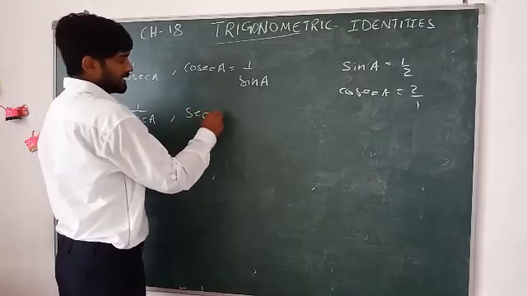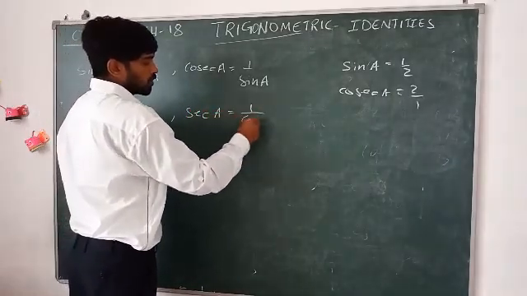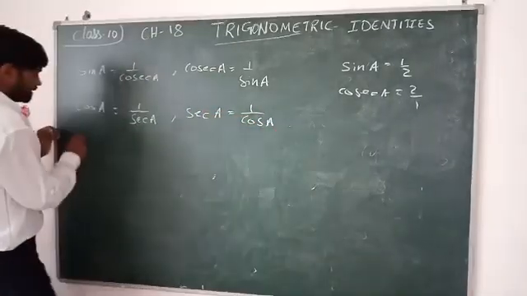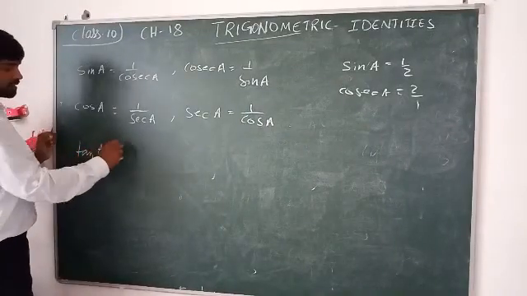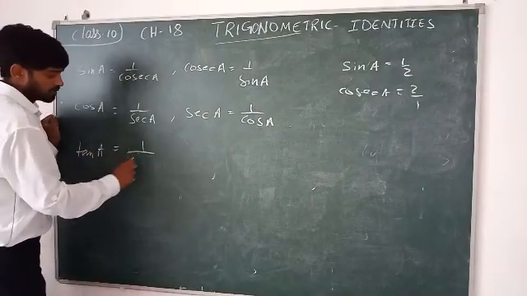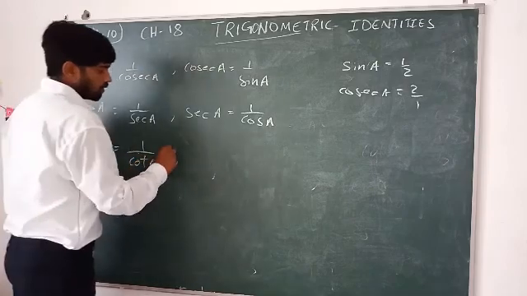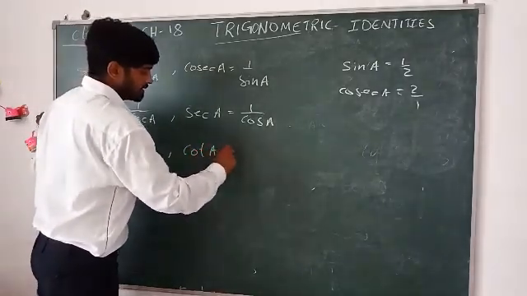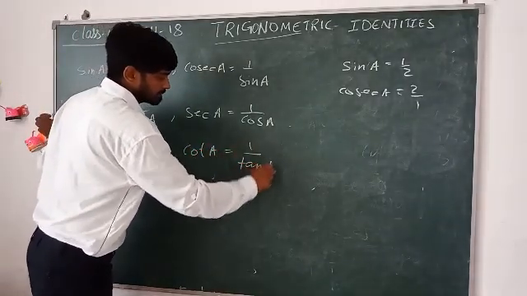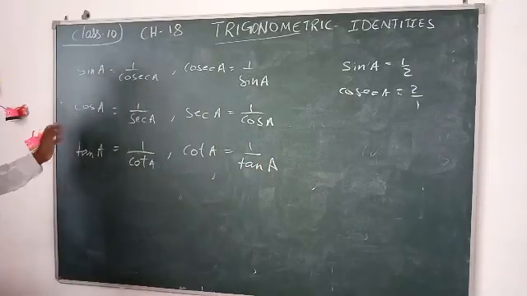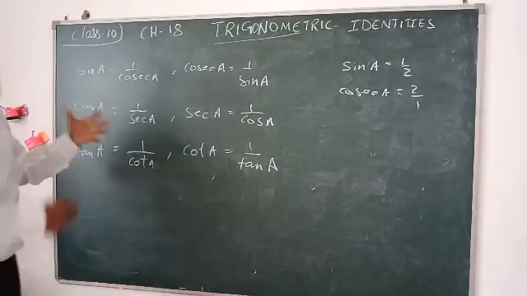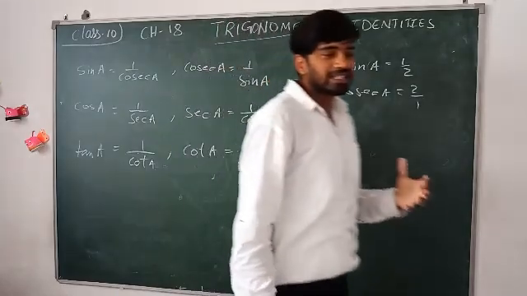Sec A is equal to 1 upon cos A, and then tan A is the inverse of cot A, and cot A is equal to 1 upon tan A. So these are the inverse or reciprocal identities that are given.